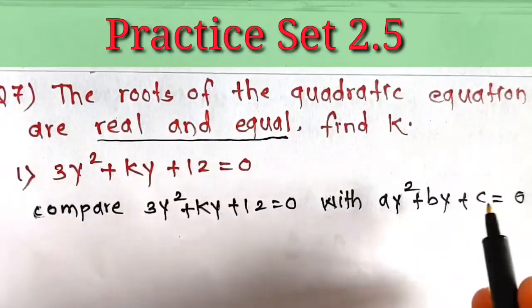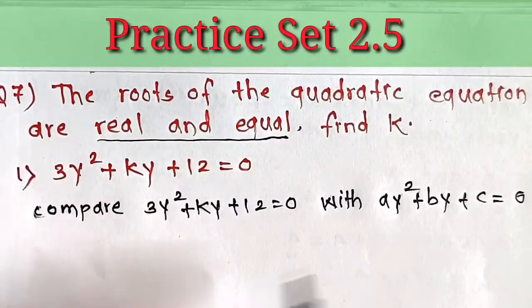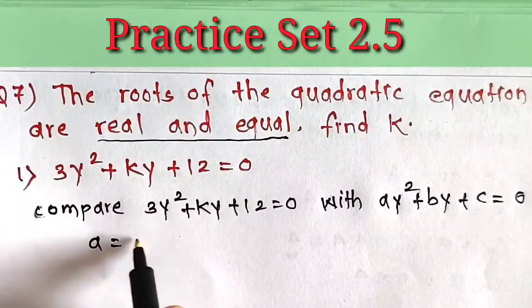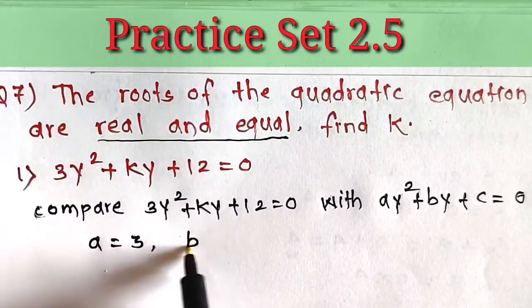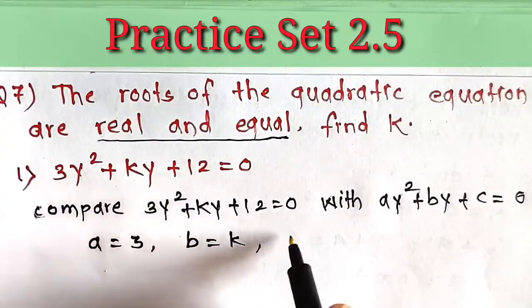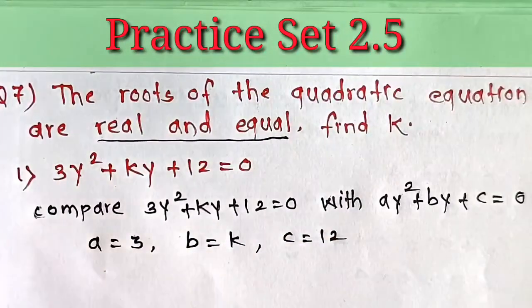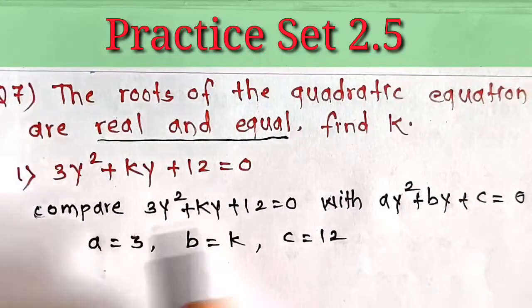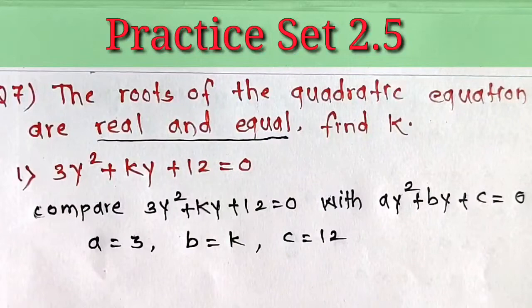Why do we take y? Because the equation is in the y variable. So coefficient of square term means a is equal to 3, b is equal to k, and c is equal to 12. We are doing this in all examples, comparing and finding the values of a, b, c.